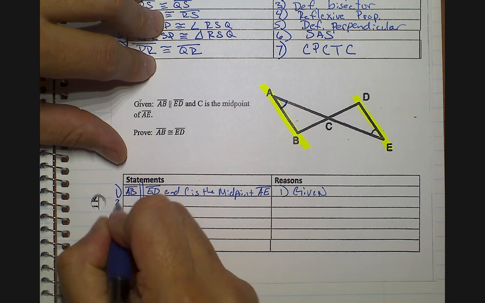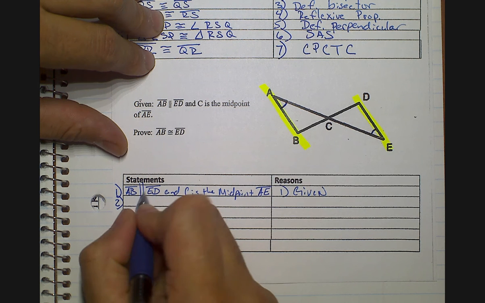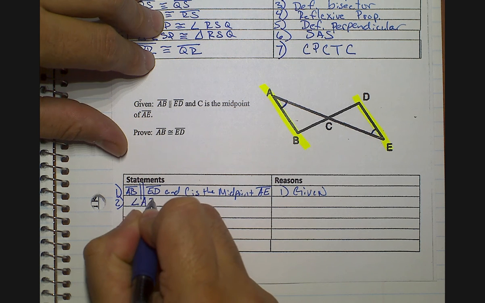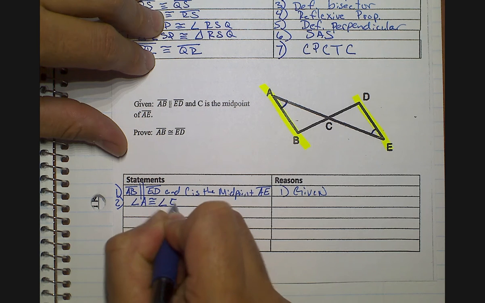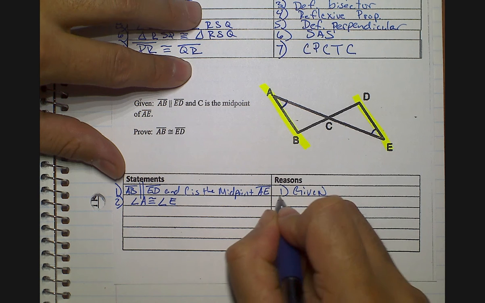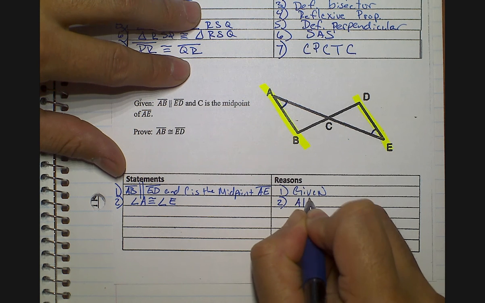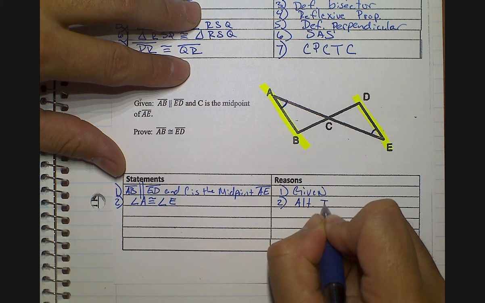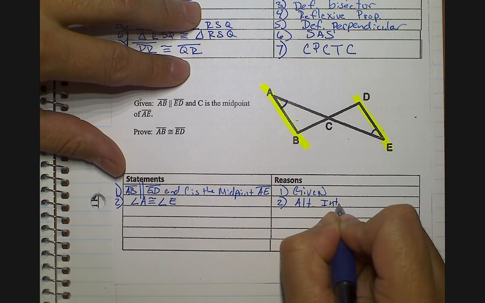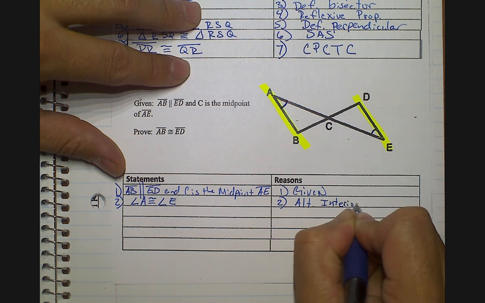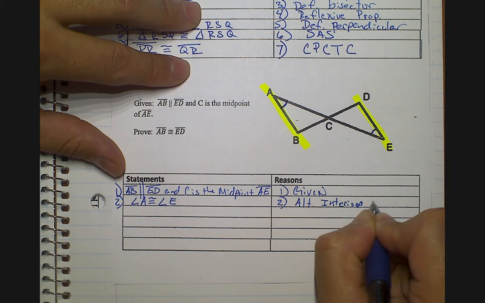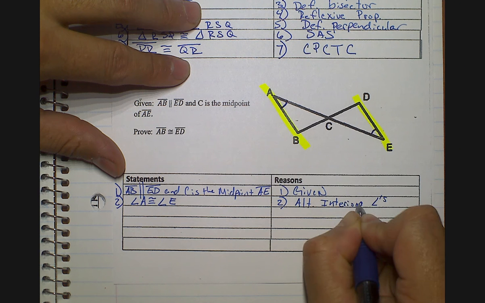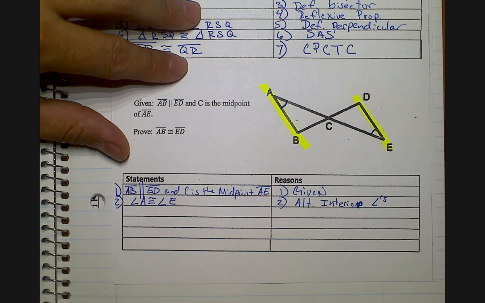So 2, I could say that angle A is congruent to angle E. My reason is alternate interior angles.